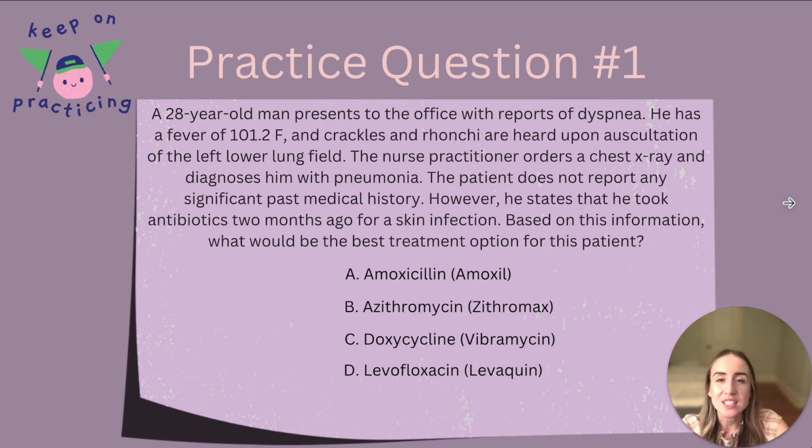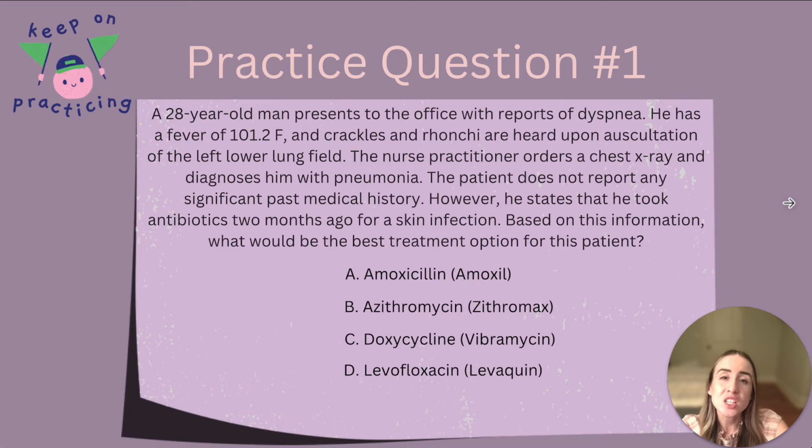Go ahead and pause this video if you need to and jump back in when you are ready. When considering treatment options for patients with pneumonia, there are 3 key factors that we must take into consideration: the patient's age, any existing comorbidities that can affect the respiratory system, and recent antibiotic use within the past 90 days.